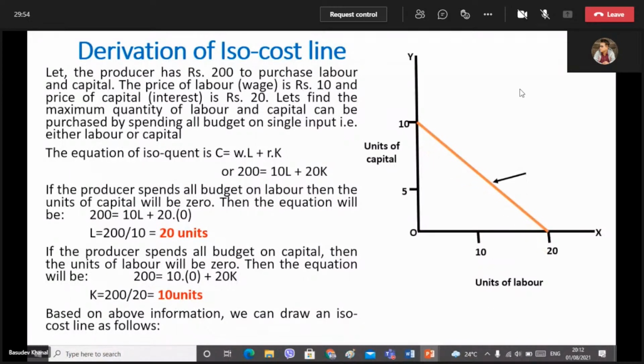By joining 10 and 20, we get an ISO cost line. This ISO cost line is drawn on the basis of C equal to 200 and W equal to 10, R equal to 20. It is drawn on this basis. This is how we can derive the ISO cost line by using some numerical values.